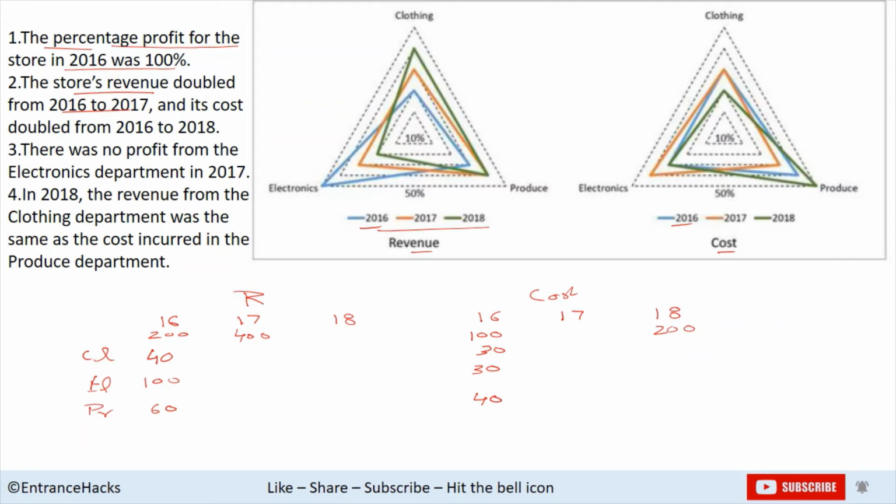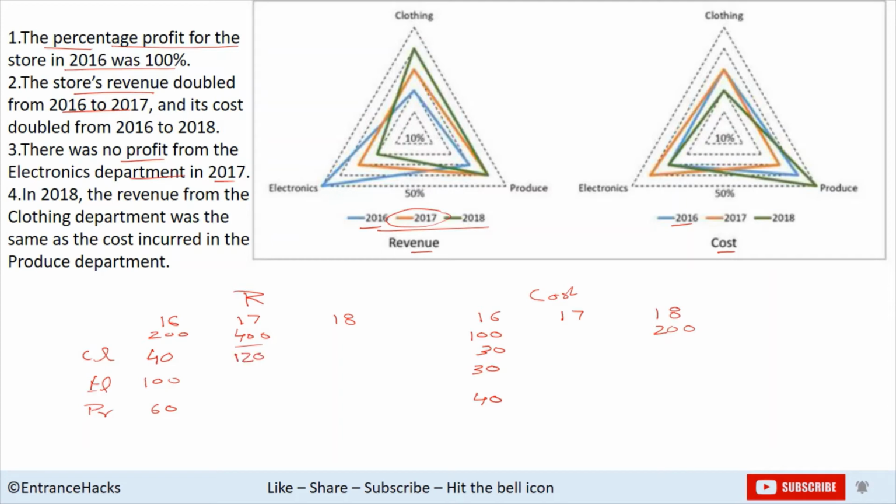Now the third statement said there was no profit from the electronics department in 2017. Before coming to this third statement, what we'll do is we'll solve the column for revenue in 2017 and the column for cost in 2018, as we have got 400 as the value for revenue in 2017. So we'll use this orange graph here. For clothing it is 30% of 400, which will be 120.